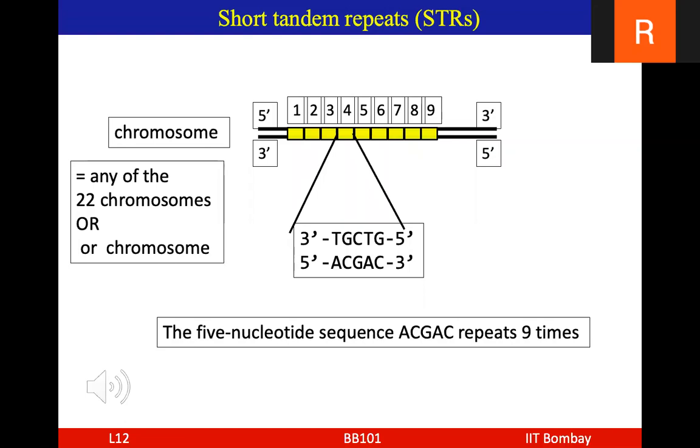So this 5-nucleotide sequence is repeated 9 times, and this is called a short tandem repeat of a certain nucleotide sequence in a DNA.